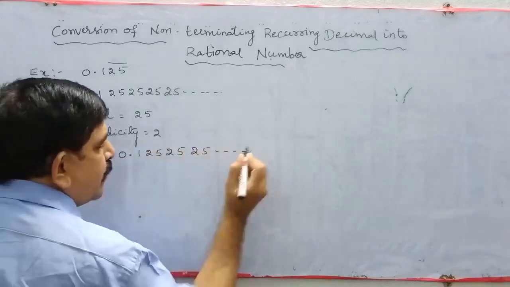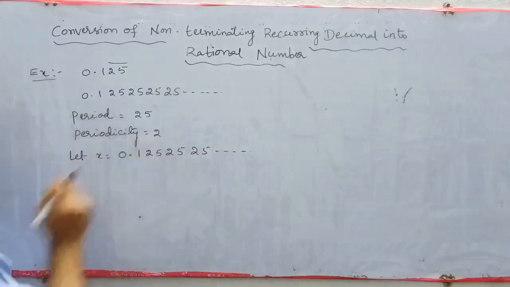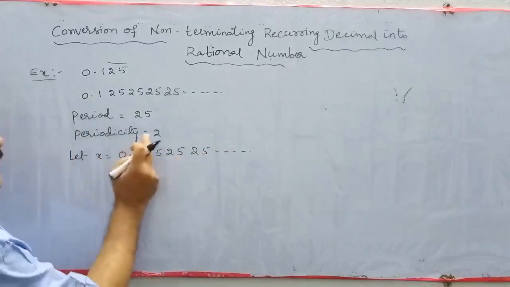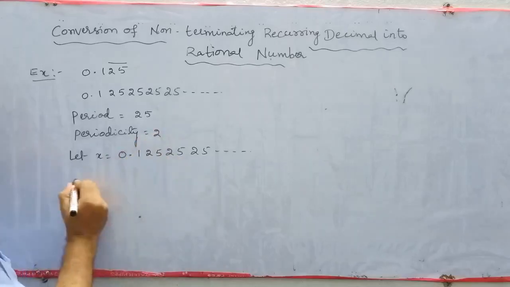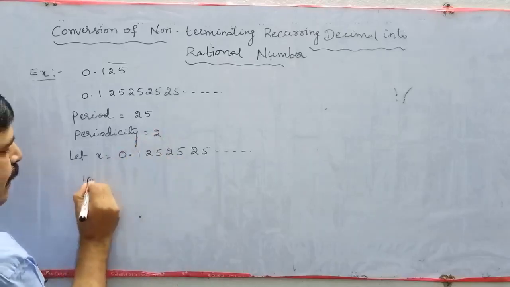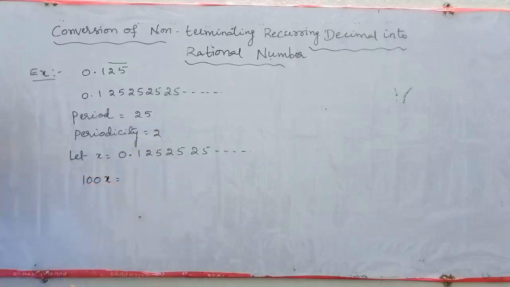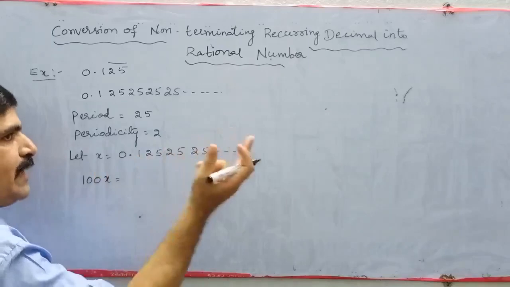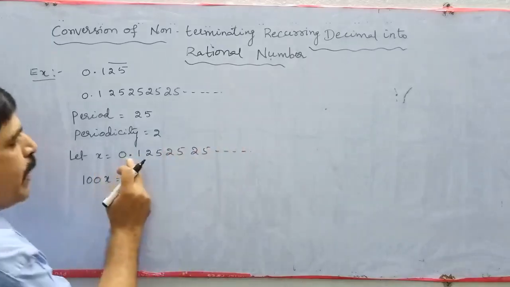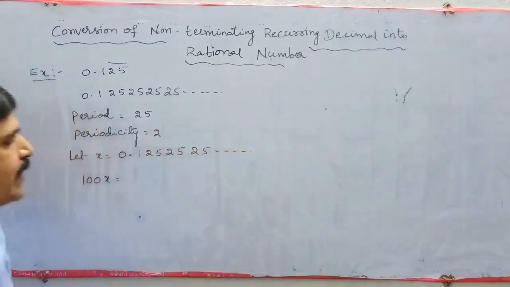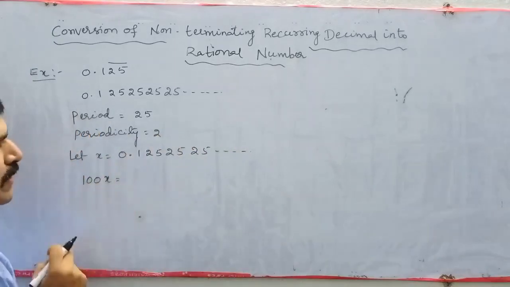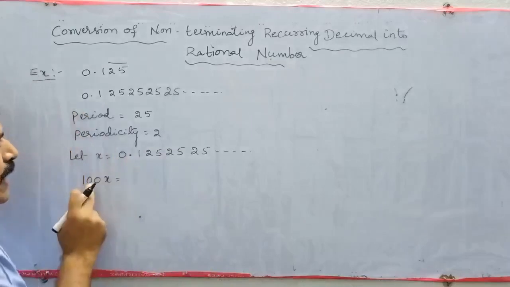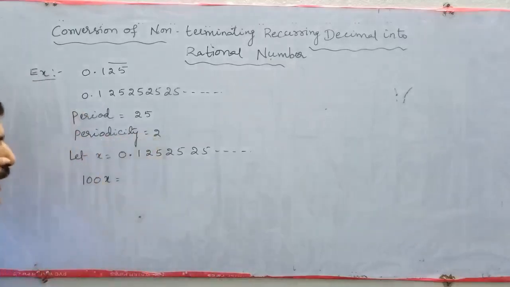Let x is equal to 0.1252525 and so on. Here periodicity is 2, therefore we have to multiply this equation with 100. So 100x is equal to, whenever we multiply a decimal by 10, 100, 1000, 10,000 and so on, the point moves to the right side. How many places it moves depends on the periodicity.